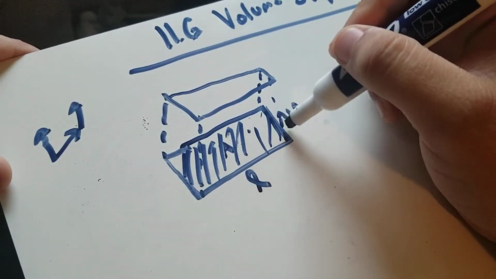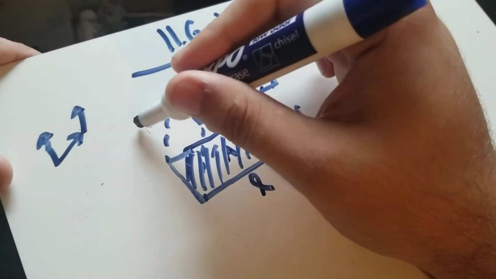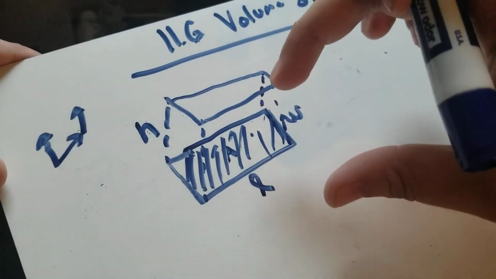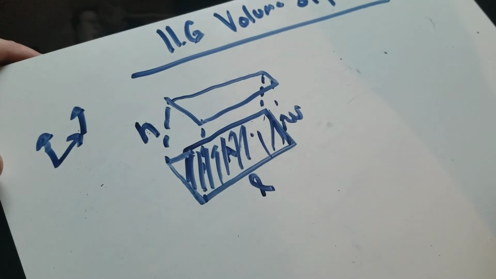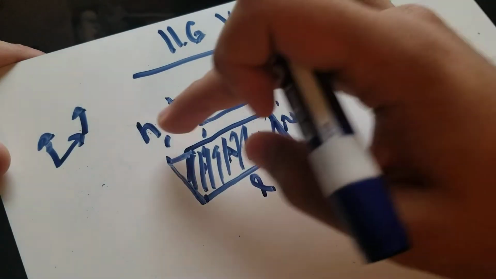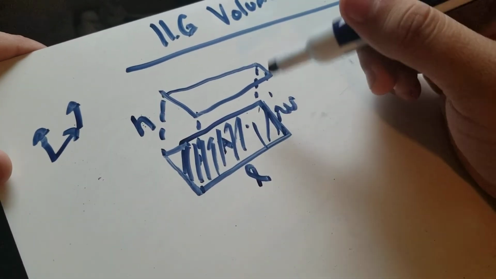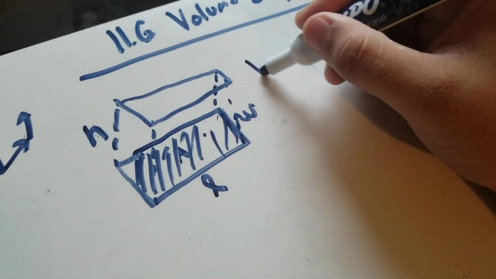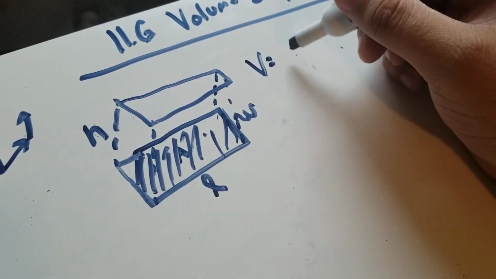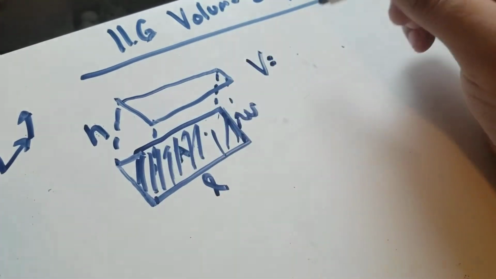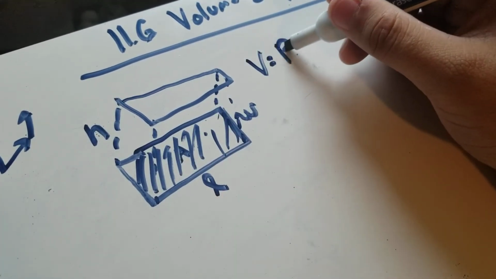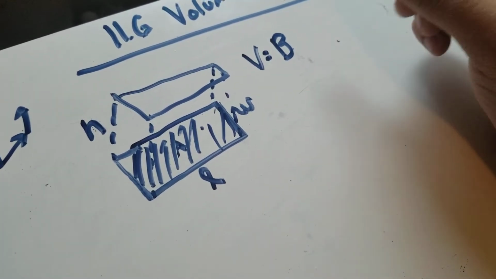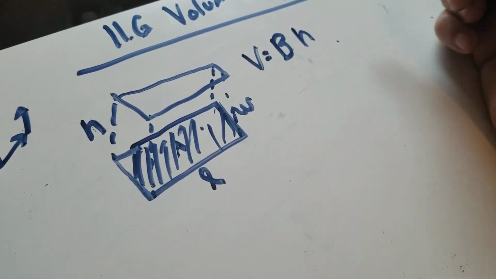it's dictated by length times width. And then you have this one, which we're going to call height. Sometimes you could call it depth too, but we'll call it height for this case. So this h is our height. So to find the volume of a rectangular prism, it's going to be the area of the bottom, which we're going to call capital B. Capital B means the area of the base, times the height.